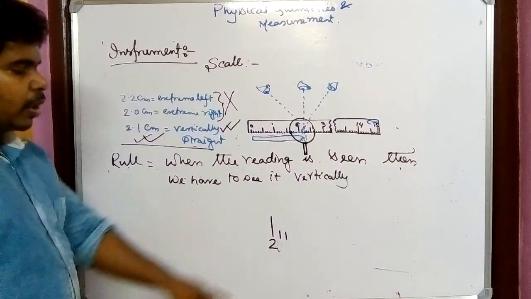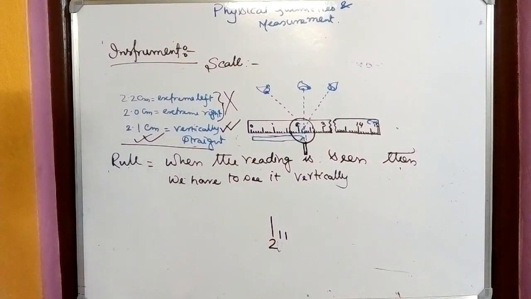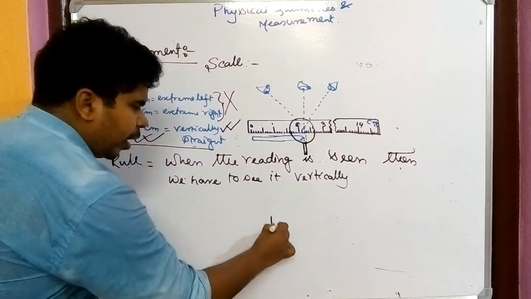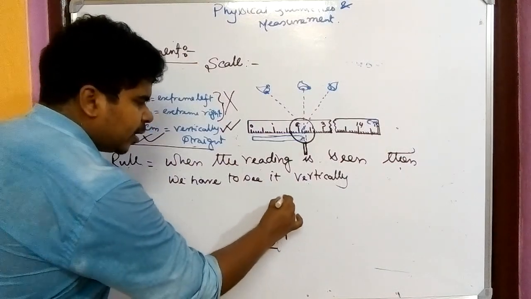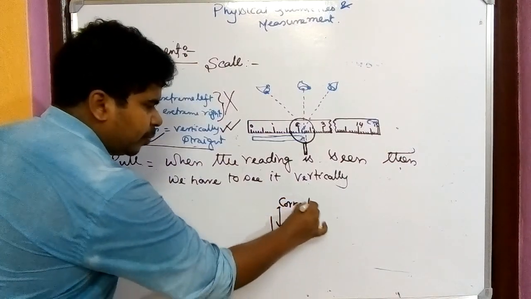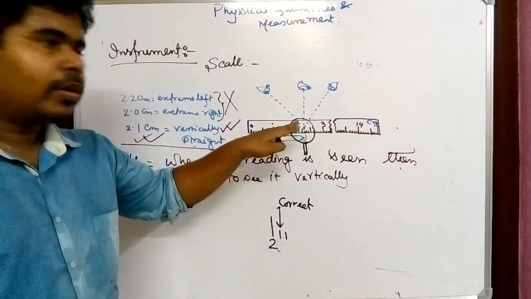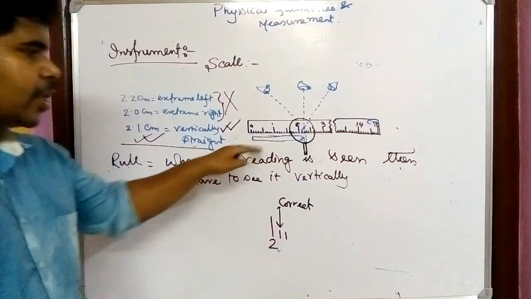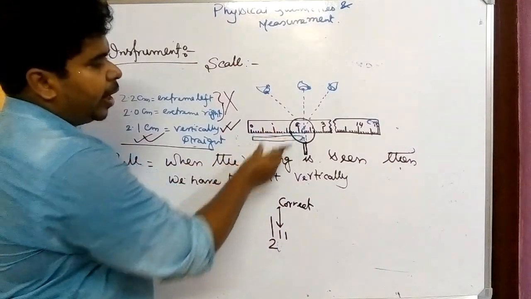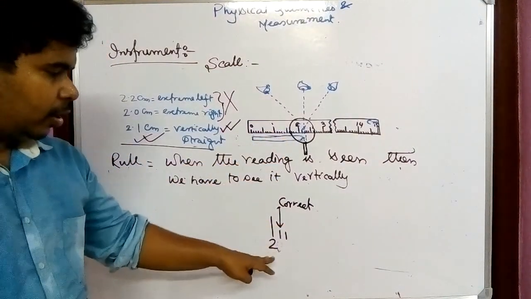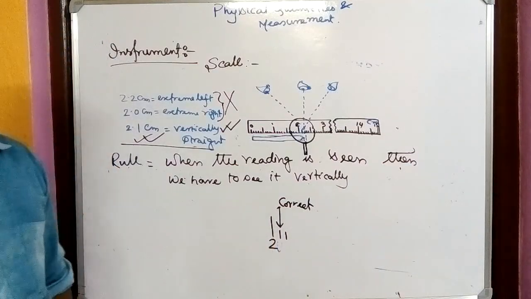Among these three, we have said that 2.1 is correct, because when we see it vertically, the pen is exactly aligned with 2.1, not with 2.2 or 2.